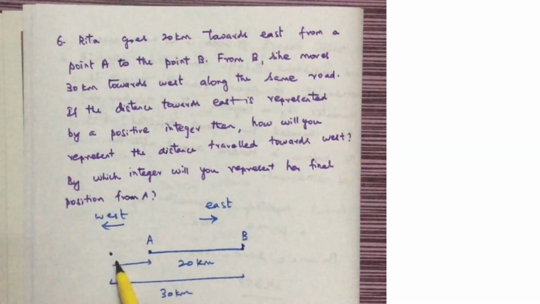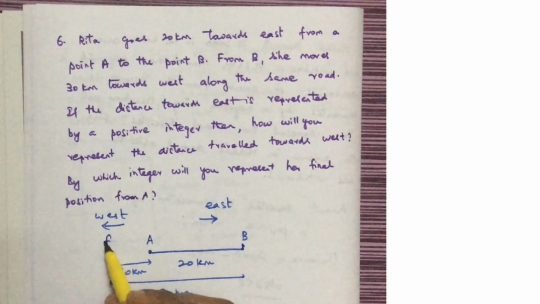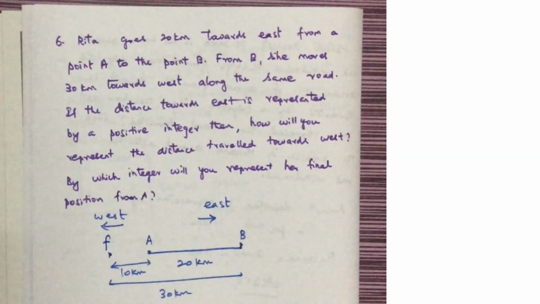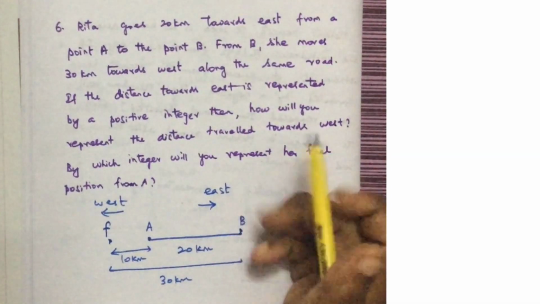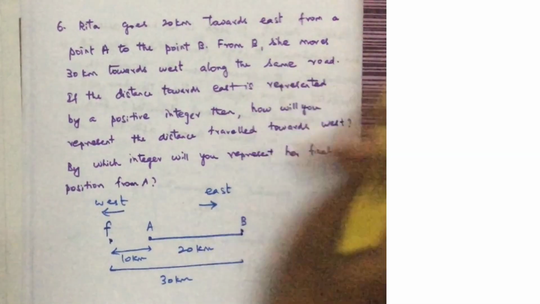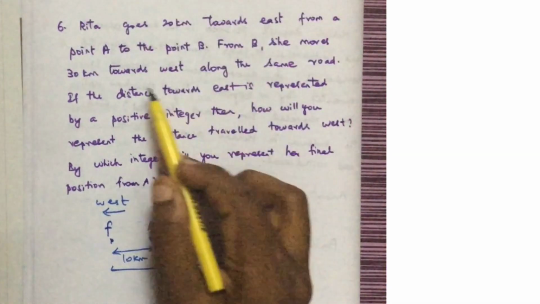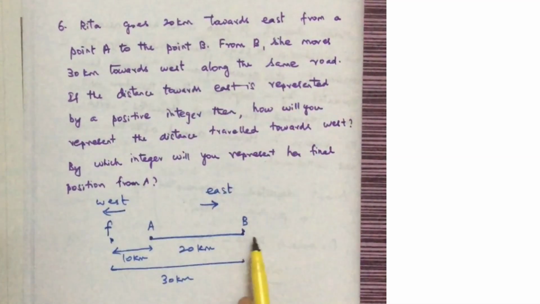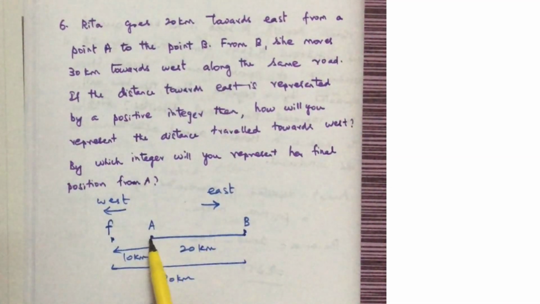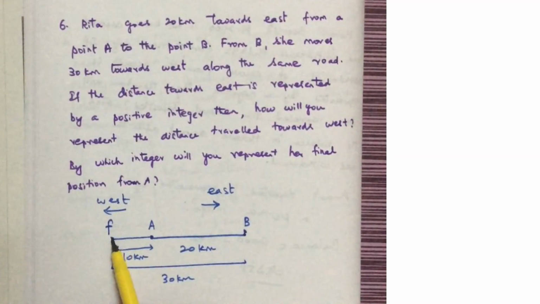From here to here is 10 km. So this is the final position. So from B she moves 30 km towards west along the same road. 30 means first 20, another 30. Now she is here.